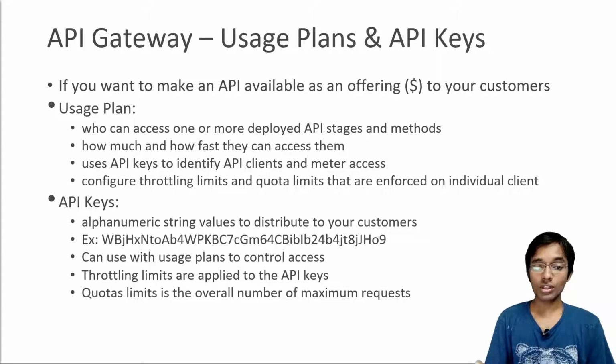You use this combination with usage plans to control access to your APIs. The limits themselves will be applied at the API key level, and the quota is the overall maximum number of requests within your API keys. So these two things together allow you to limit access and sell access to your API.